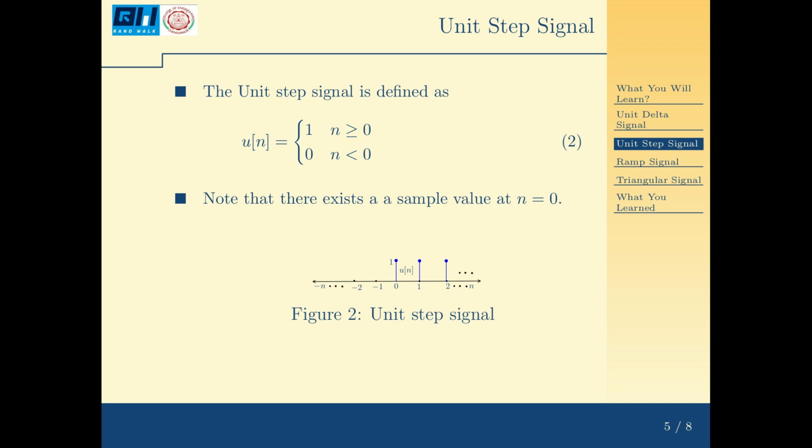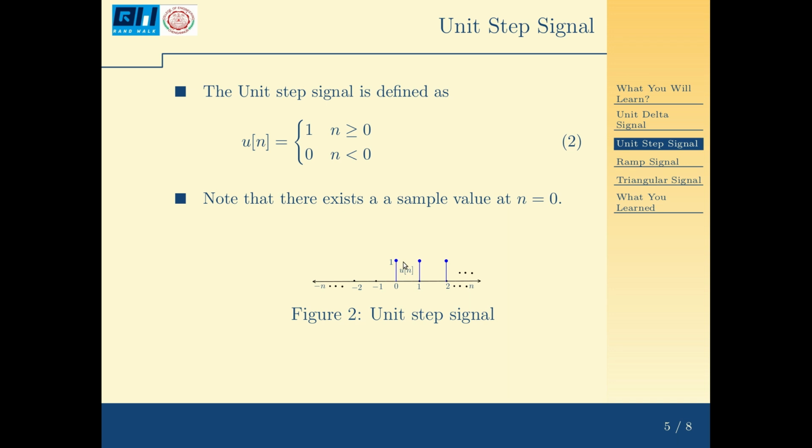When you think about a unit step signal, it is defined as u of n. Here also the time axis is discrete. u of n is 1 for n greater than or equal to 0, and 0 for n less than 0. Here you must note one point. This function has a value at n equal to 0. u of n is 1 for n greater than or equal to 0, so for n equal to 0 also I have the function value, that is 1.